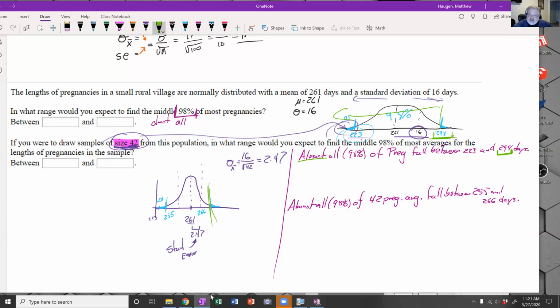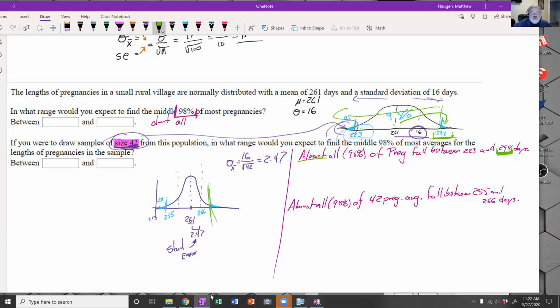But if you're an organization that's providing vitamins, you're not going to get enough to give every pregnancy 298 days of vitamins. You're not going to need that many because the chances of all of your 42 people falling up in that range is minuscule.